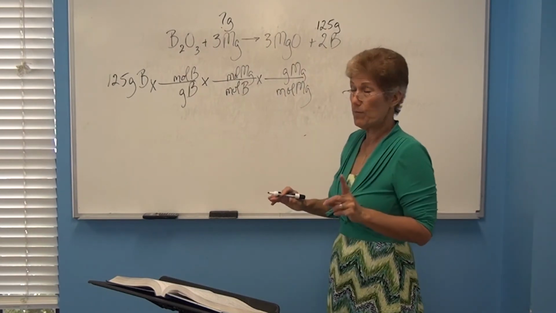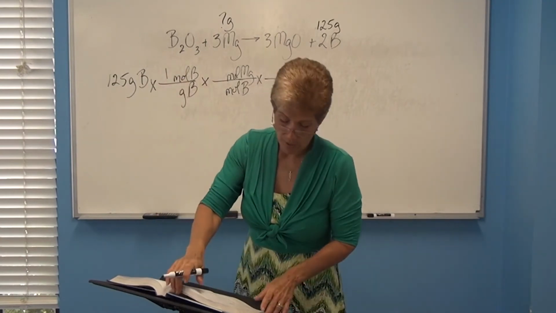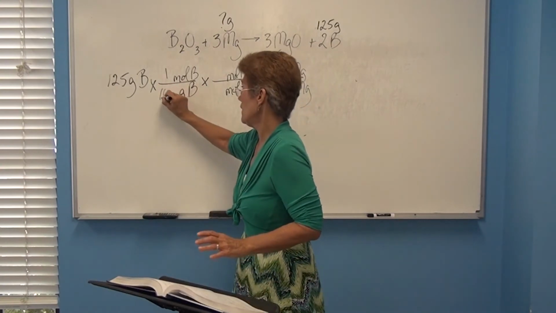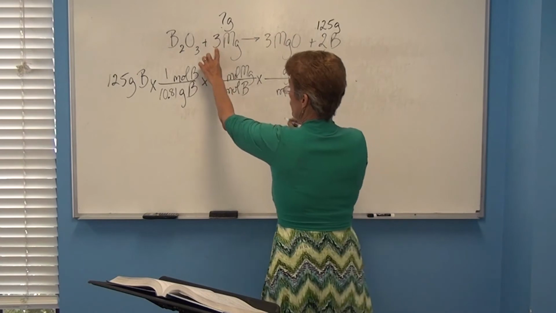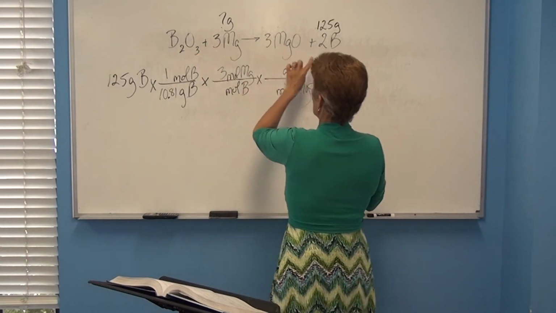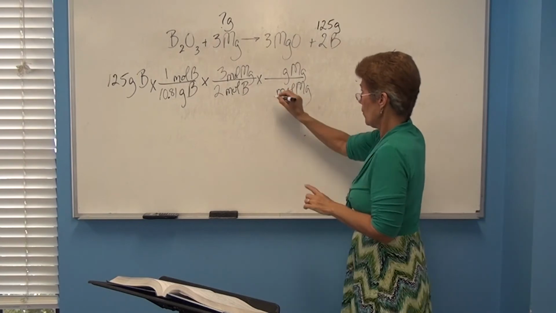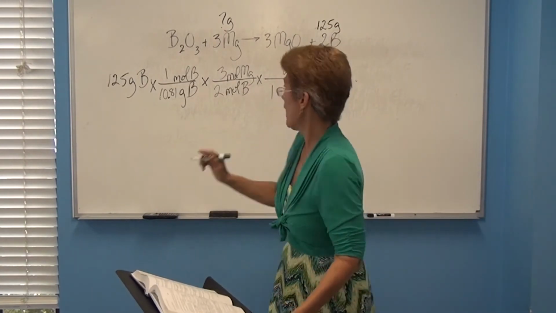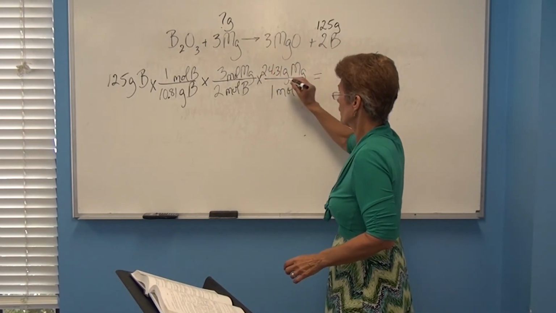Okay, now we can put in our numbers. We know for every 1 mole of boron, we look on our periodic chart, it tells us there's 10.81 grams. Here we look to our stoichiometric coefficients to put in our numbers there. With every 1 mole of magnesium, we go back to our chart and we have 24.31 grams.